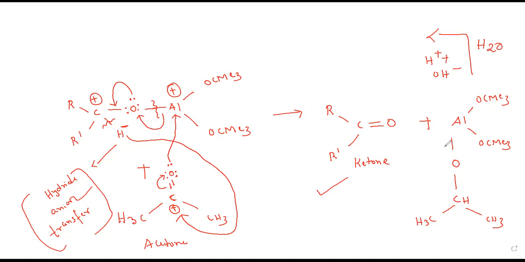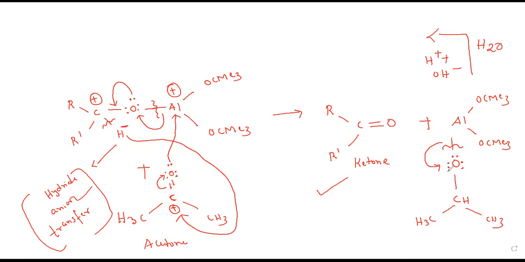I will try to break the bond between aluminium and oxygen. Therefore, what happens? The sigma electrons will migrate towards oxygen. Originally oxygen will have two lone pairs of electrons. When you break the bond, the electrons will come out and migrate towards oxygen, so oxygen will get an additional lone pair of electrons.